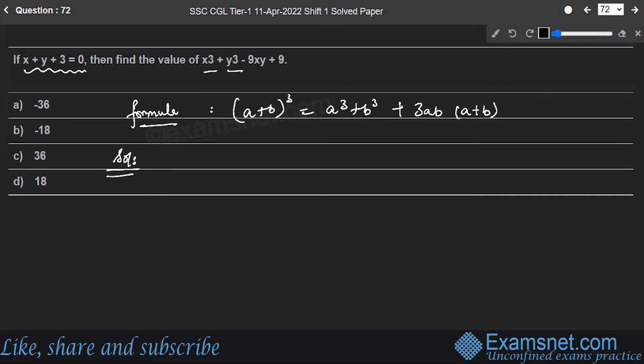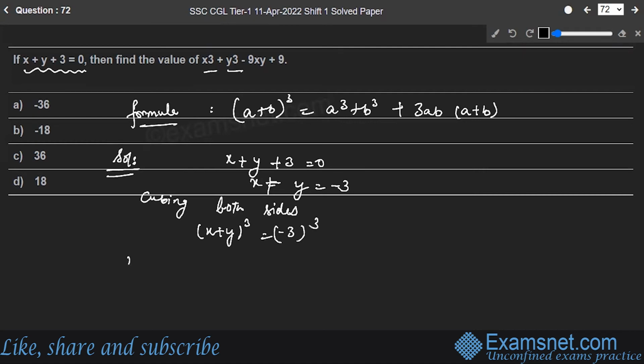In this question, x plus y plus 3 is equal to 0, which gives you x plus y is equal to minus 3. Cubing both sides, you will have x plus y whole cube is equal to minus 3 whole cube, which gives you x cube plus y cube plus 3xy into x plus y is equal to minus 27.